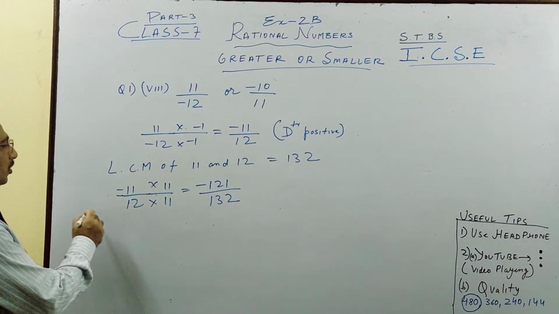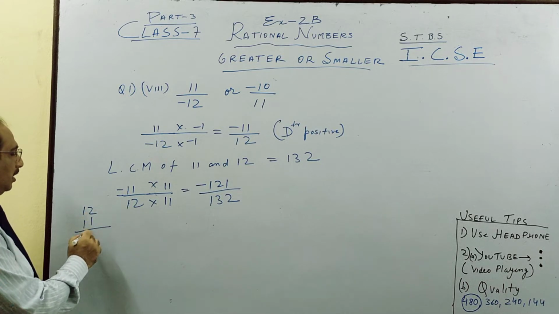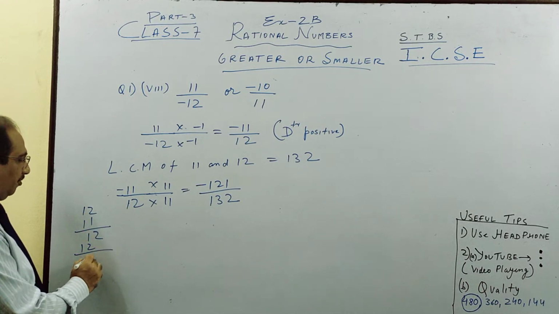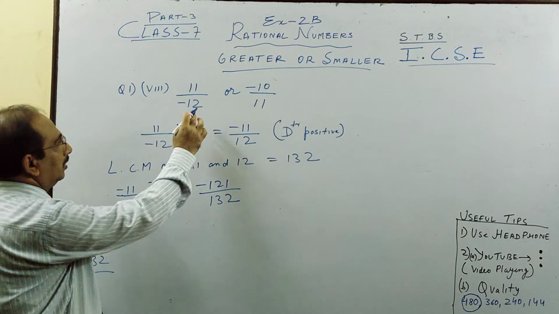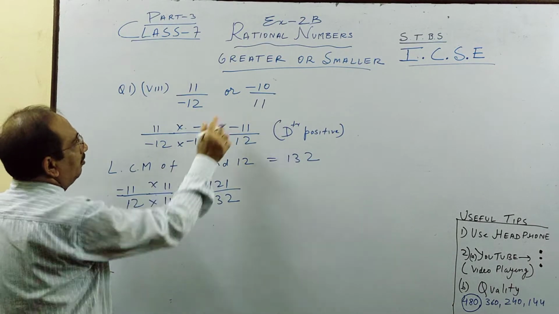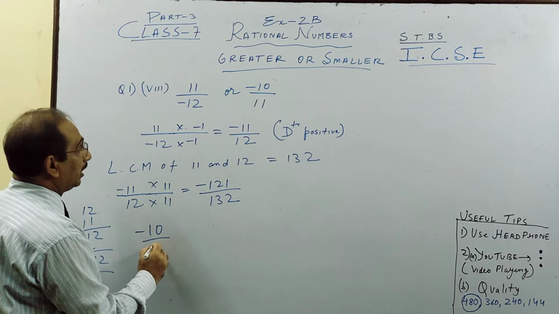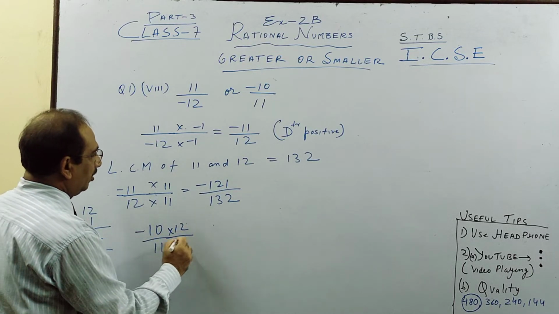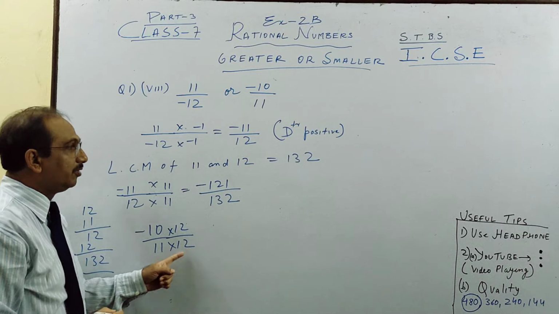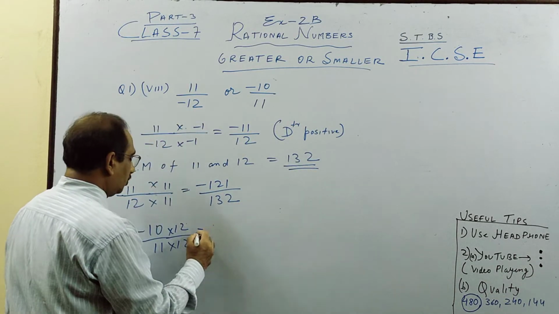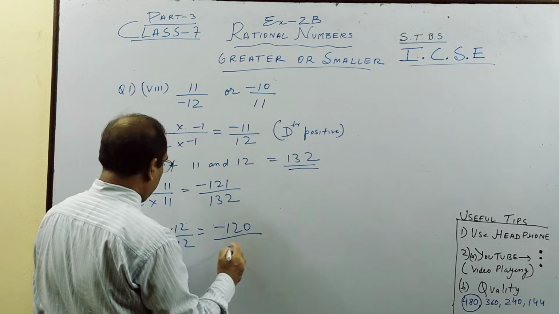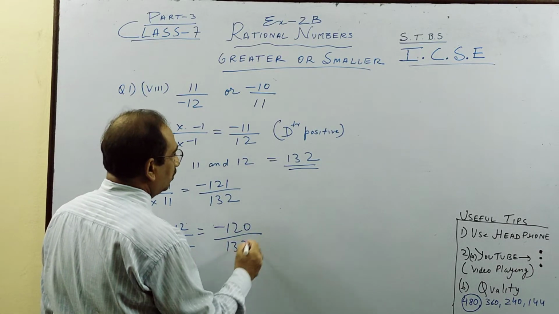Same way, this I got minus 11 by 12, minus 10 by 11, we multiply by 12 because 11 12s will give you 132. So we get minus 120 by 132.